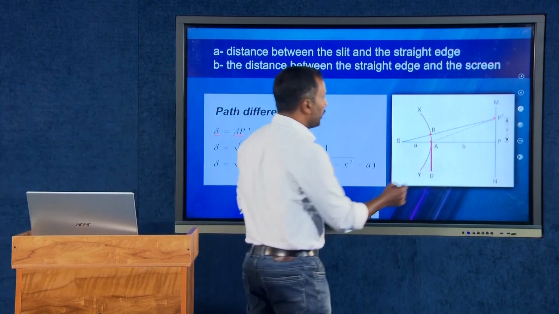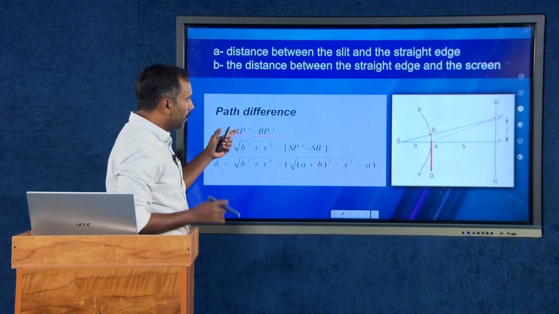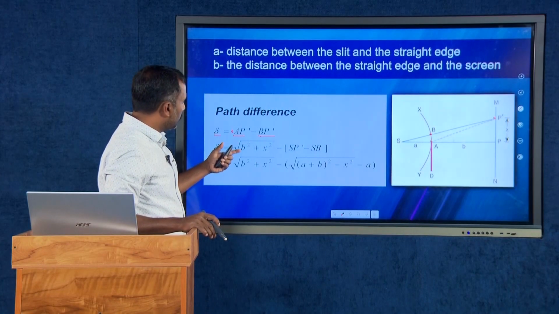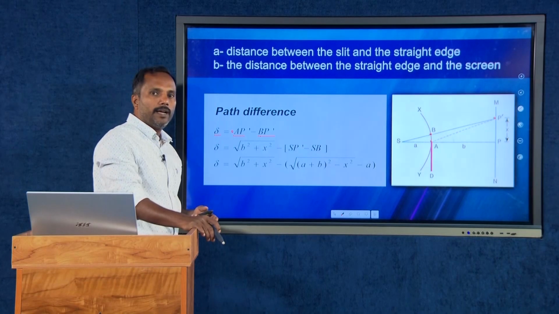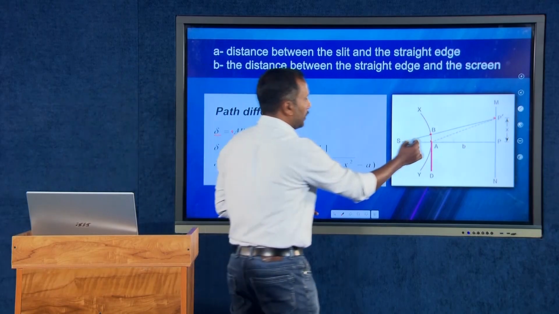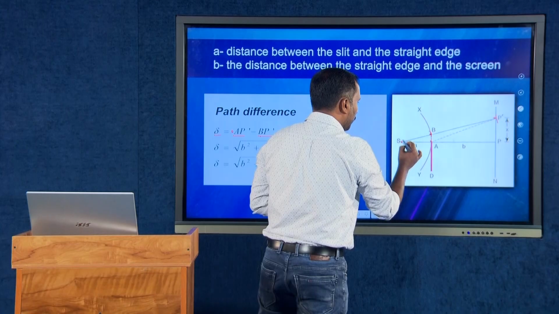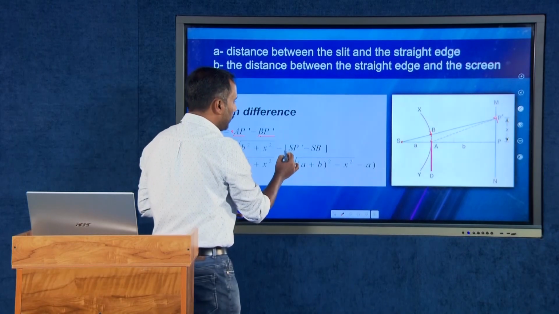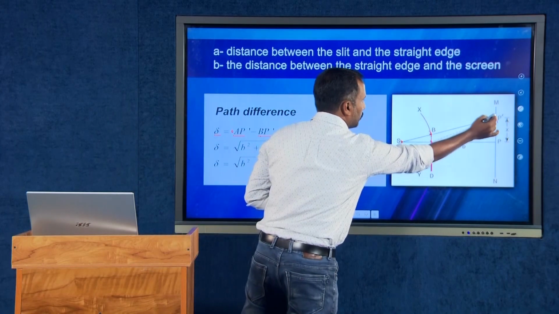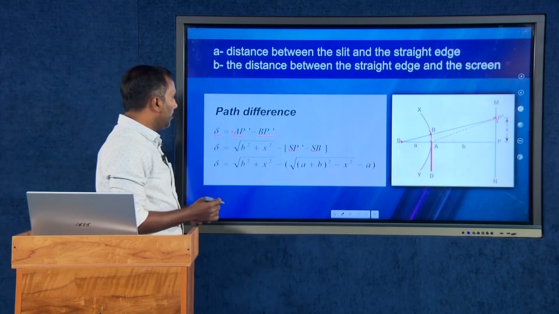Here, considering the triangle A P dash P, you can have A P dash as root of B square plus X square, and minus B P dash. B P dash is the distance from S to P dash, minus S B. So this is the value of B P dash.